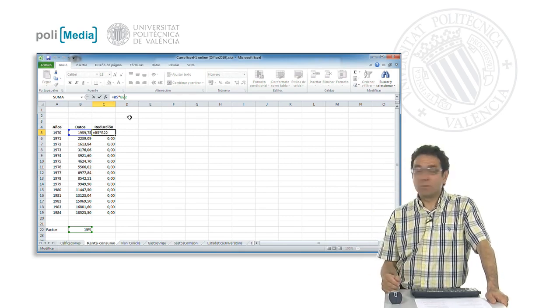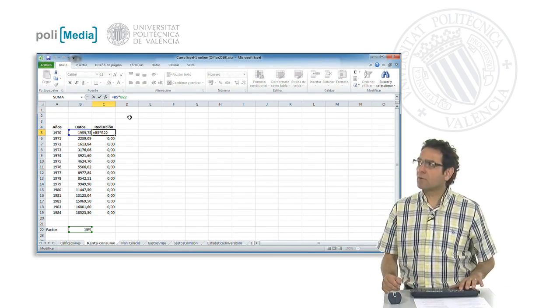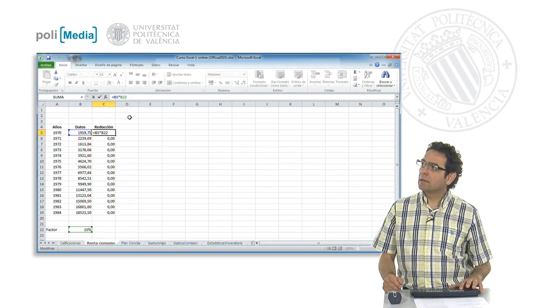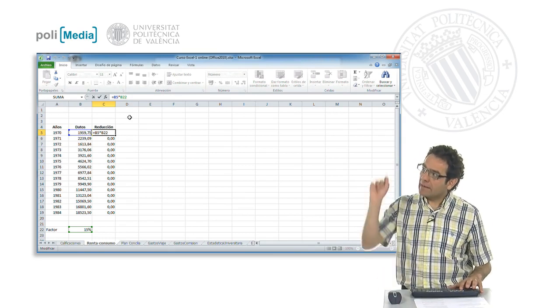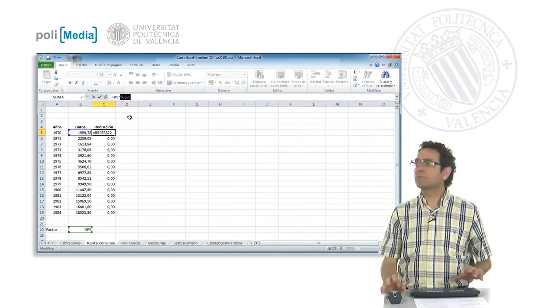This is very easy to do, and we can do it as follows. By clicking F4 on the reference to cell B22, we see that it becomes $B$22.